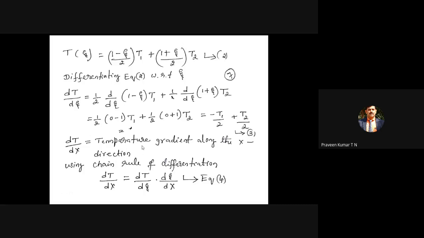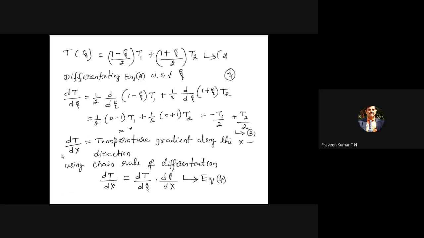That is not the regular heat transfer equation derivation; it is the equilibrium equation using the finite element method. You will require 3 equations, and for those 3 equations these are the fundamentals. dT by dx refers to the rate of change of temperature along the x direction.